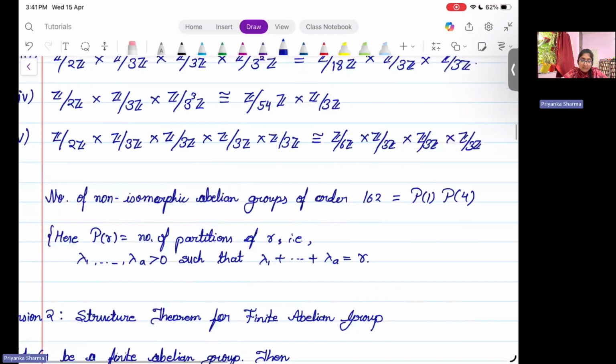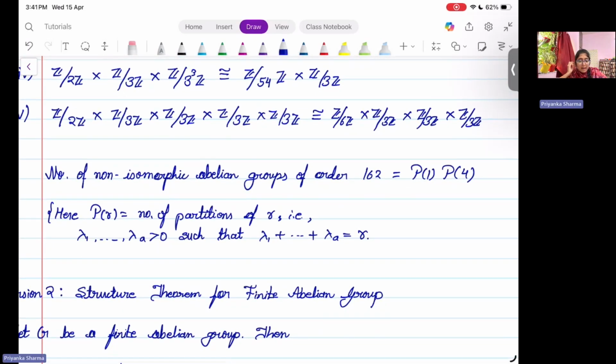So what will be the number of non-isomorphic abelian groups of order 162? That will be partition of 1 times partition of 4. Now, what is the meaning of partition? By a partition of r, we mean we have some lambda 1 up to lambda a, all greater than 0, such that they sum to the number r whose partition is being taken here.